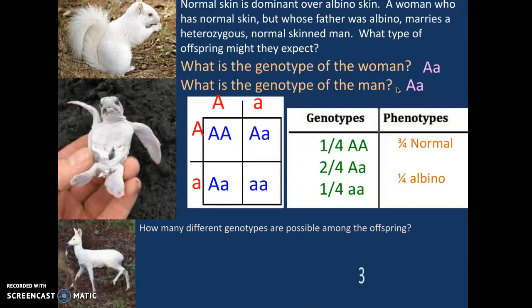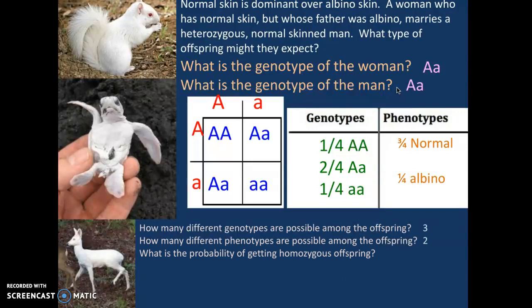So how many different genotypes are possible among the offspring? 3. You can be homozygous dominant, homozygous recessive, or heterozygous. However, when it comes to the phenotypes, which is what you actually look like, there are only 2.